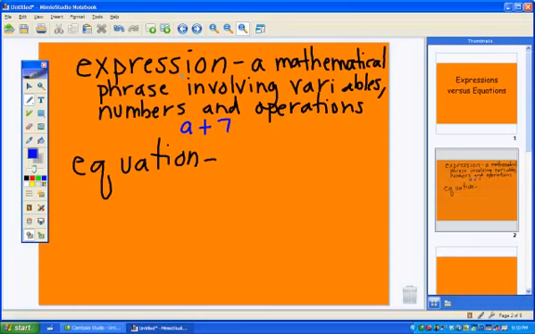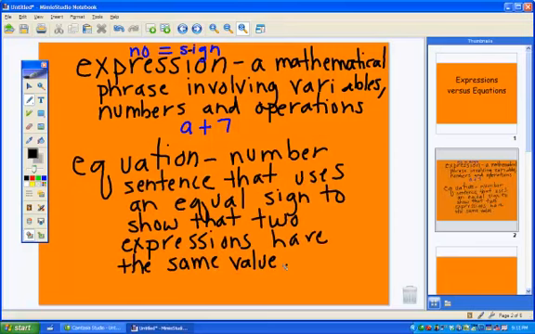We do not have an equal sign in an expression, so there's no equal sign. An equation is a number sentence that uses an equal sign to show that the two expressions have the same value. So we're actually going to have an expression on the right and an expression on the left, and they're going to be joined by an equal sign. So your expressions are the pieces of the equation, and then the equation throws in the equal sign.